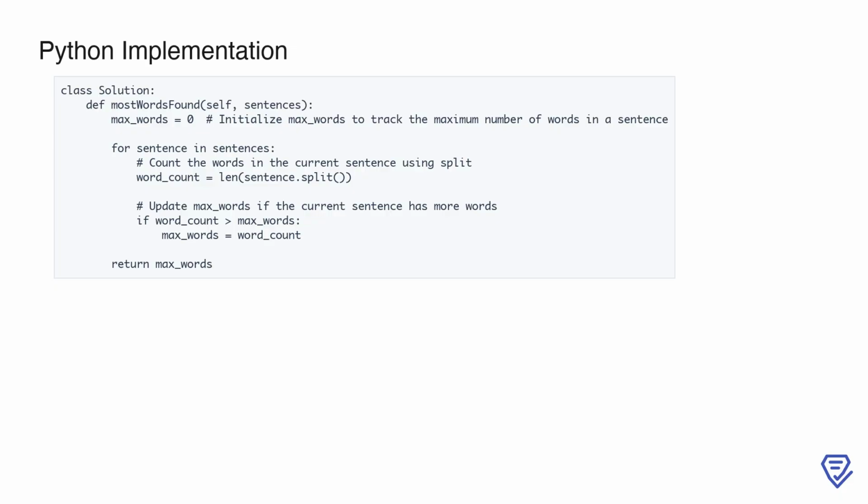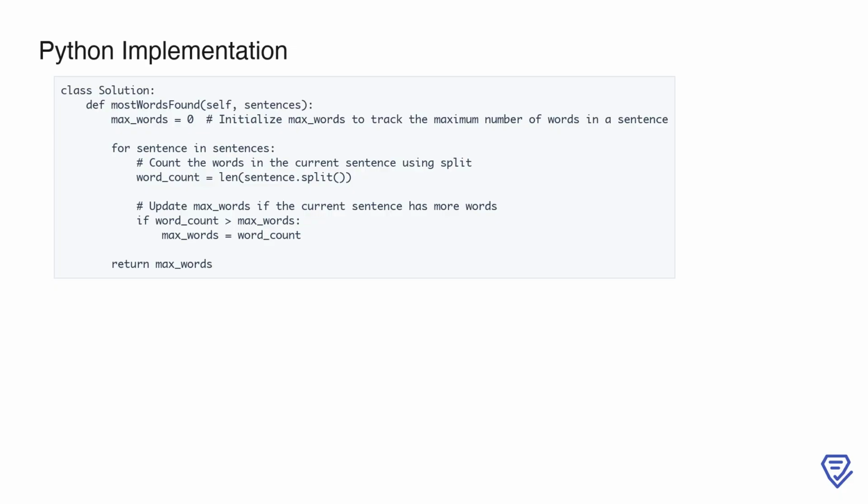If word_count is greater than max_words, we update max_words to the value of word_count. This ensures that max_words always holds the largest word count encountered during the iteration. Finally, after iterating through all the sentences, we return the value of max_words. This value represents the maximum number of words found in any sentence from the input list.